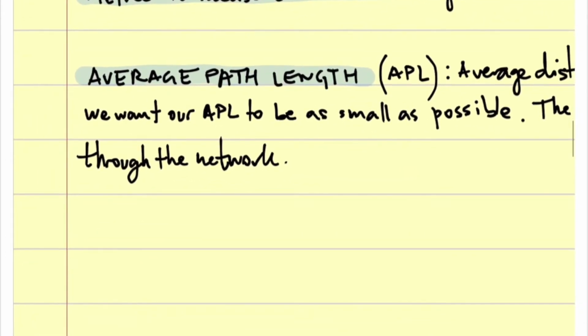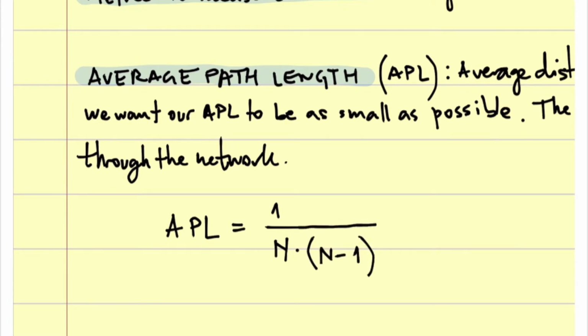So the math behind it, the average path length equals 1 divided by n, okay? Times n minus 1 times the sum of all the distances between all the nodes.